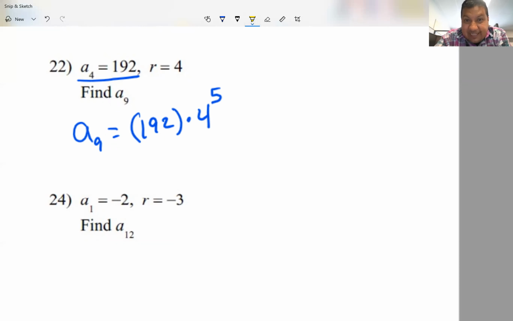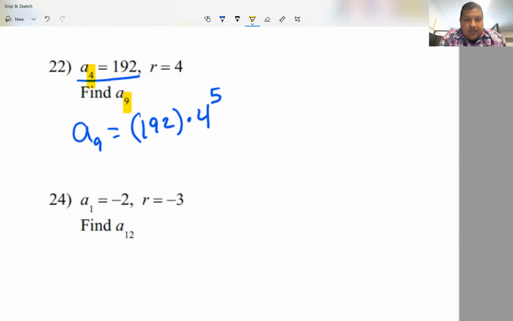One way that we can easily get there: 9 minus 4, right? Subtract those little subscript numbers. You're starting from the 4th number, so how many more times? Subtract those: 9 minus 4, so 5 more times.